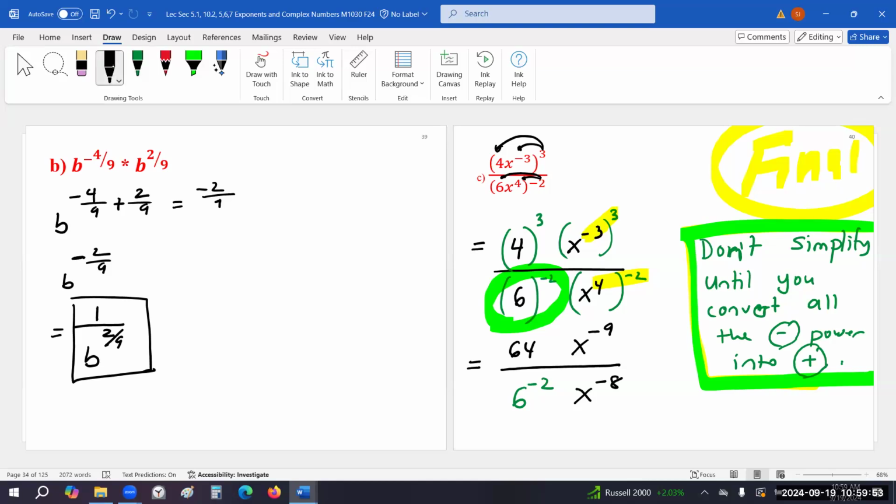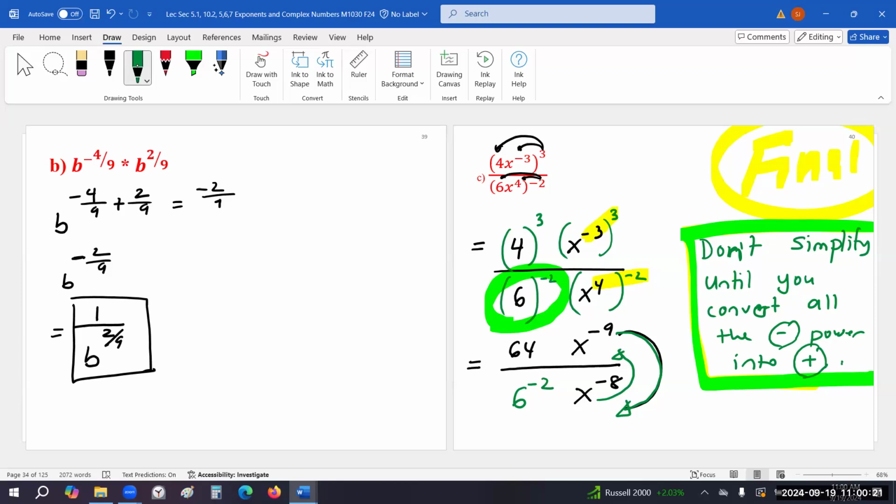So if we want x to the negative 9 to be positive, what do you want to do? Simply bring it down. If you put it on the denominator, it will become x to the positive 9. If you want the 8 on the denominator to be positive 8, bring it on the numerator.